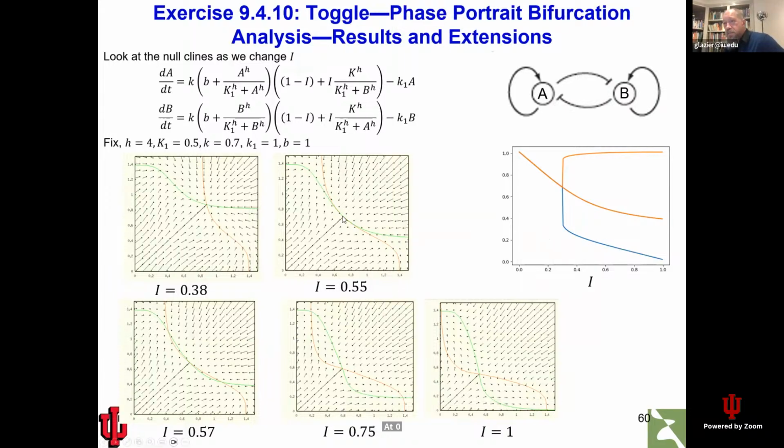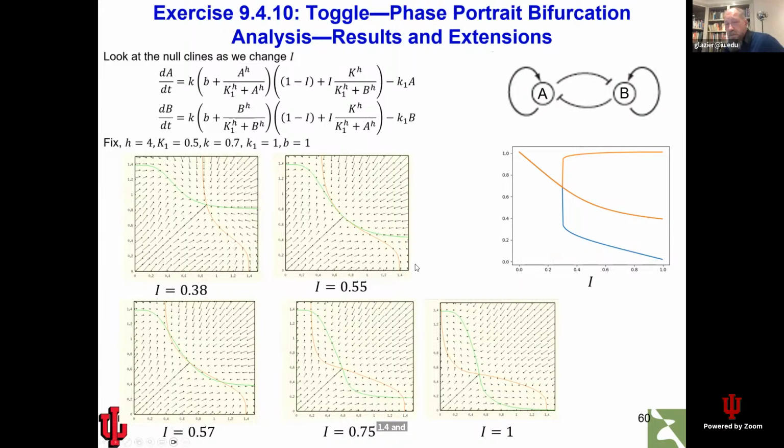I should have an unstable fixed point in the middle, which I do, and I have stable fixed points at A equals 0, B equals 1.4, and B equals 0, A equals 1.4.